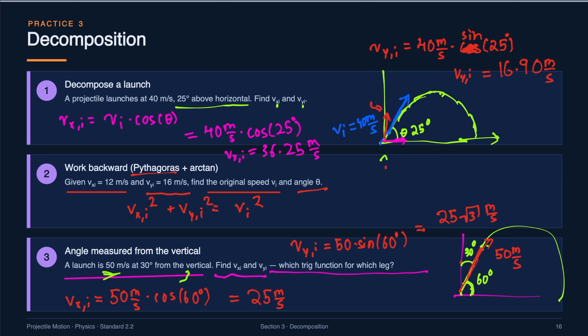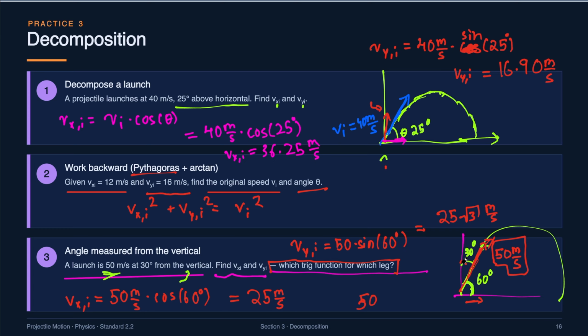Now, what I meant by which trig function for which leg is that this could be solved a different way. Instead of doing cosine for this vector, instead of doing cosine of 50 to find the right leg, what you can do is say, I want the sine of this angle for the cosine. How do you do that?